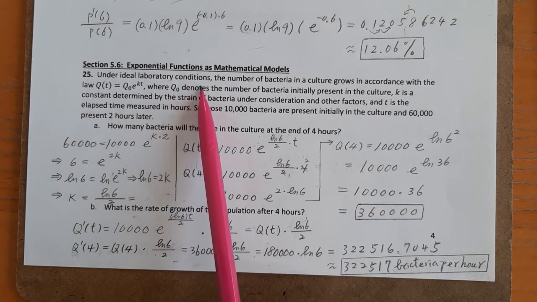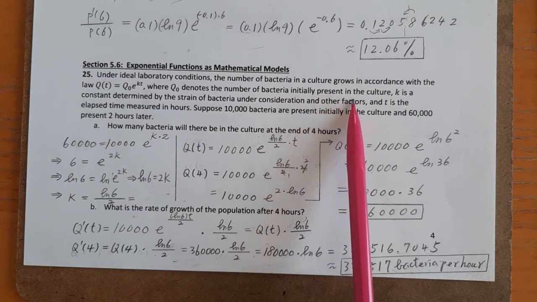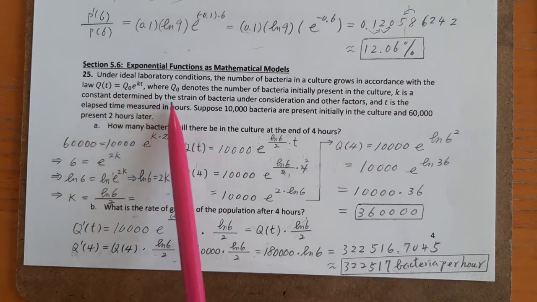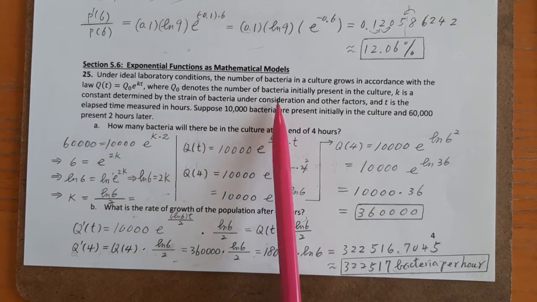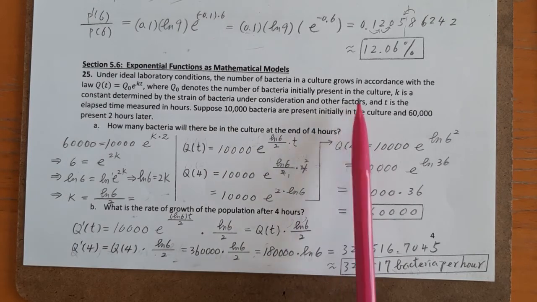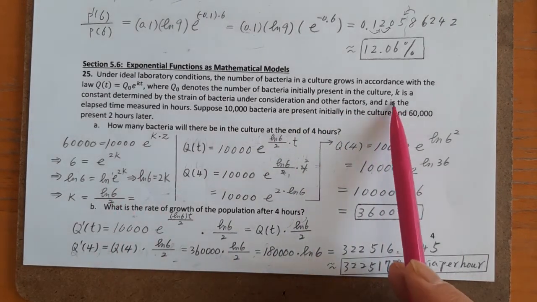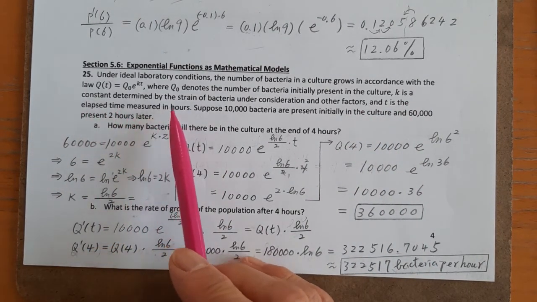Where Q0 denotes the number of bacteria initially present in the culture. K is a constant determined by the strain of bacteria under consideration and other factors. And t is the elapsed time measured in hours.